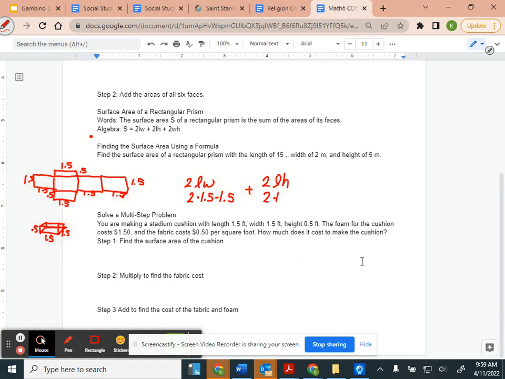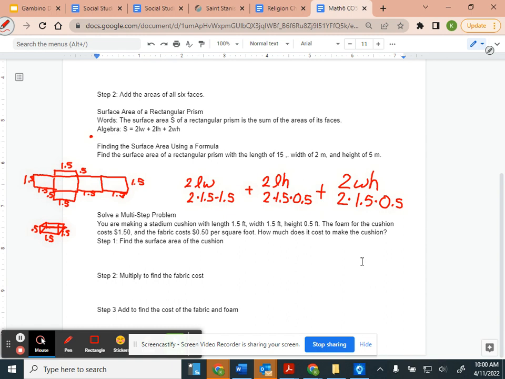So 2 times 1.5 times 0.5, plus 2WH, which would be 2 times 1.5 times 0.5. So you could choose just to do the math, or you could make it a net, find the area of each shape and add them together. Either way, we're doing the same thing.